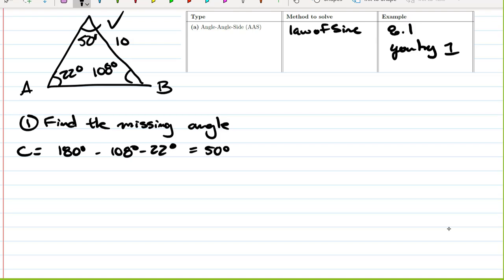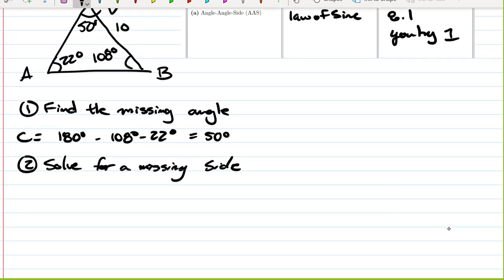And then step 2 is we solve for the missing side, and we're going to have to do that twice. So we start off with A over sine A, so 10 over sine 22 degrees is equal to B, which is what we want, over the sine of 108.